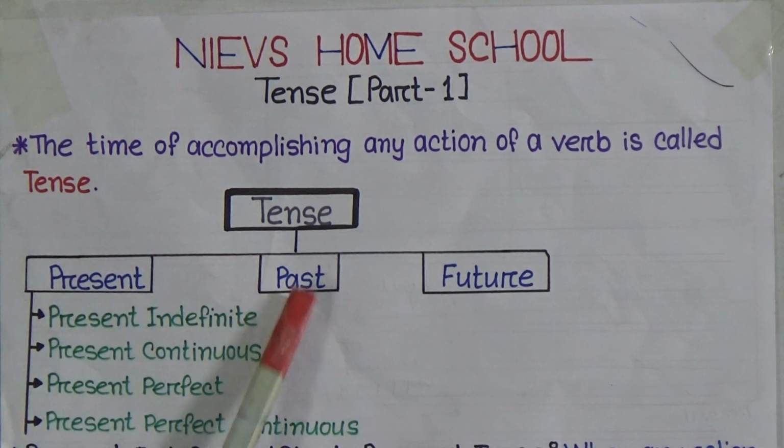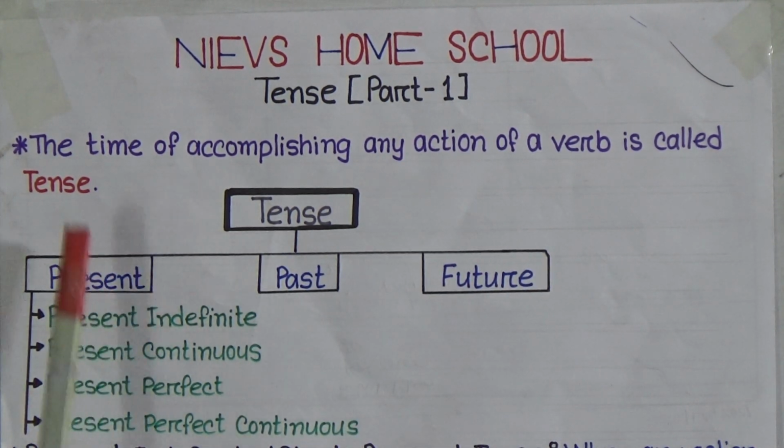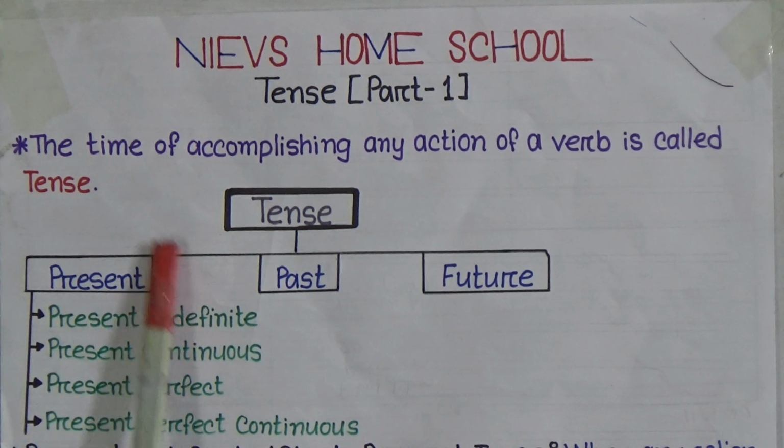Each tense is divided into 4, and in total we find 12 kinds of tenses. Present tense can be divided into 4, past tense into 4, and future tense into 4. Today our main topic is present tense.